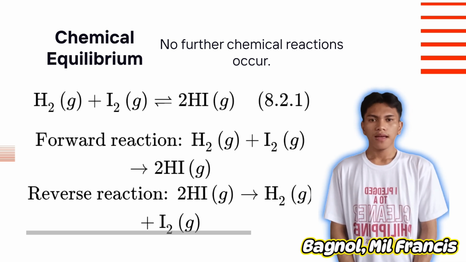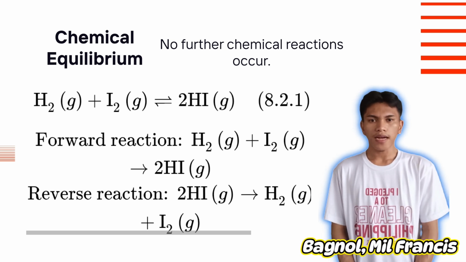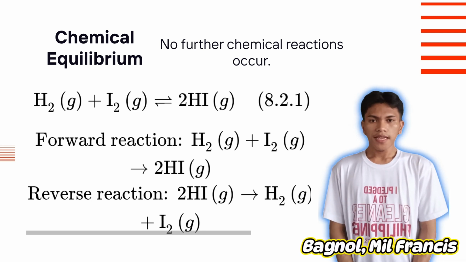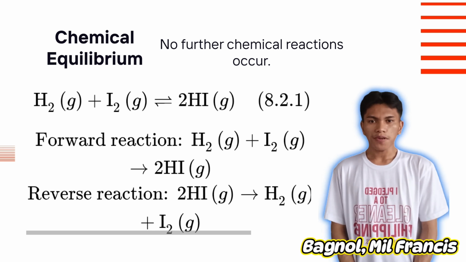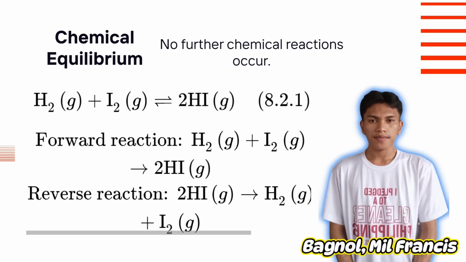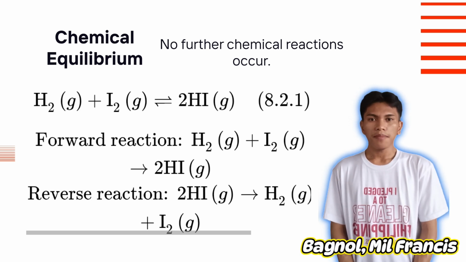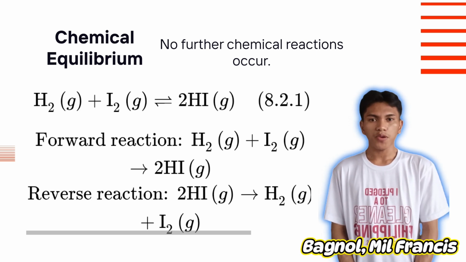For example, hydrogen and iodine gases react to form hydrogen iodide according to the following reaction. Initially, only the forward reaction occurs because no HI is present. As soon as some HI has formed, it begins to decompose back into H2 and I2.